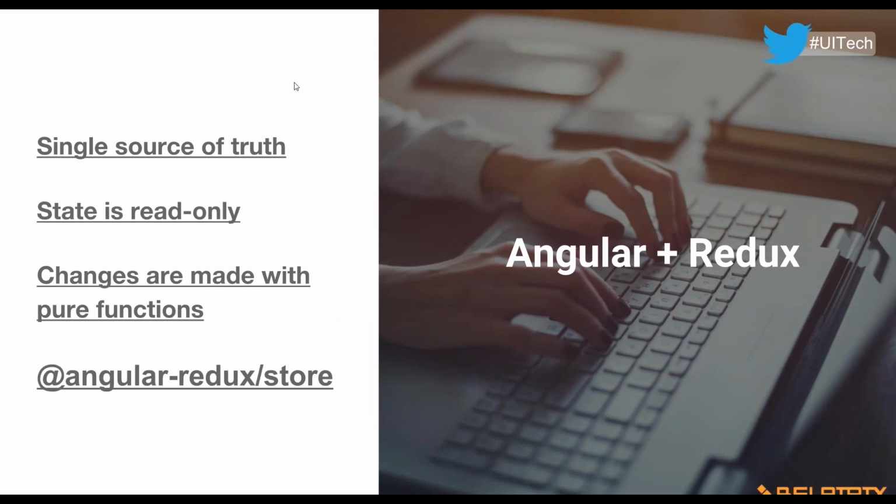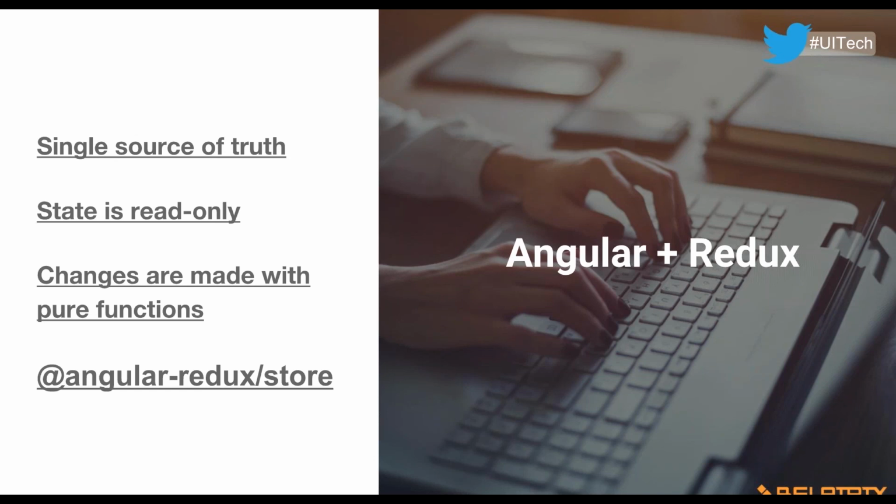We use Object.freeze to freeze the state and get JavaScript errors at run time if somebody wants to change the state from the application. And all the changes are made with pure functions through the reducers. So every time you execute an action and it gets caught by a reducer, a new state is being sent to the application and it gets updated in all the components.